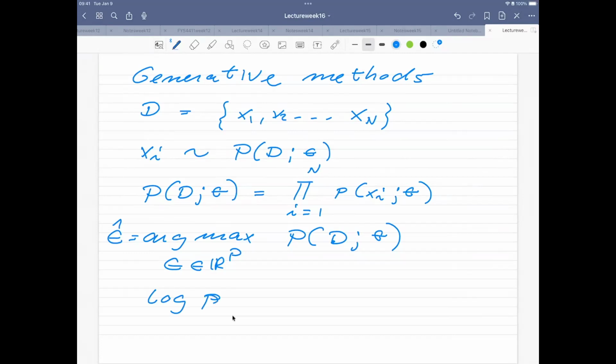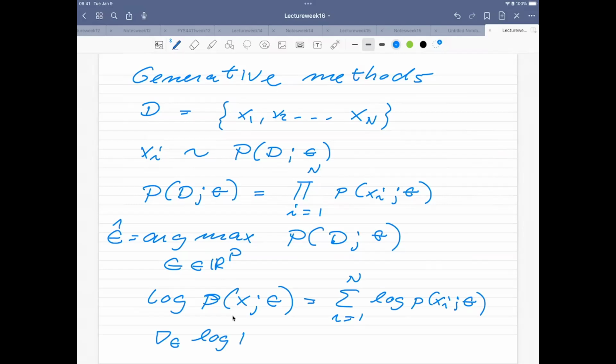So the log of this P is the problem we would typically optimize. It simply becomes a sum over i equal 1 up to n of the log of the individual small probabilities. And what we end up optimizing is the derivative with respect to theta of log of P of x given theta. This is the one we want to drive to zero.